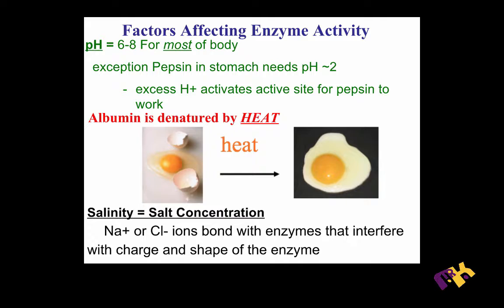All right, so what makes each of the 20 different amino acids different? The R groups. Okay, so those R groups, we didn't have to memorize any of the R groups. We had to memorize all the 20 different amino acids. But I did ask you to consider that each of these R groups gives each of these amino acids different properties. Some are neutral. Some have a positive charge. Some have a negative charge.